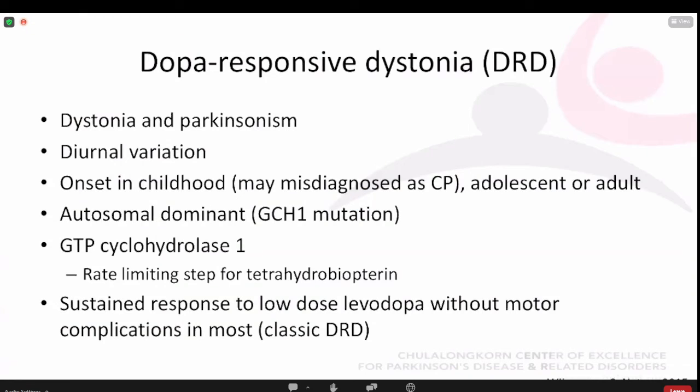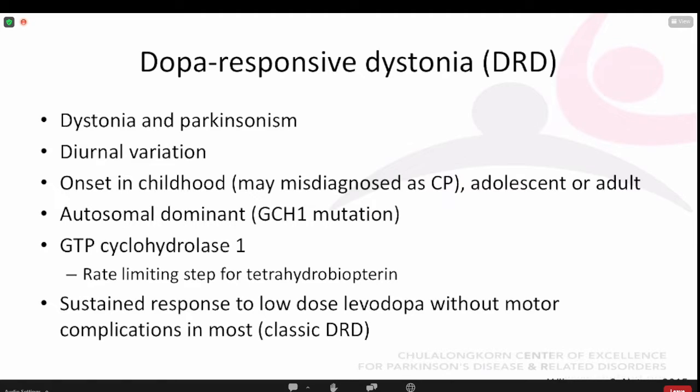For the diagnosis of this patient, she has DOPA-responsive dystonia with the prominent features of dystonia and Parkinsonism, and also has a diurnal variation. The onset is usually in childhood in the classic GCH1 mutation, but may be adolescent or adult in other mutations.